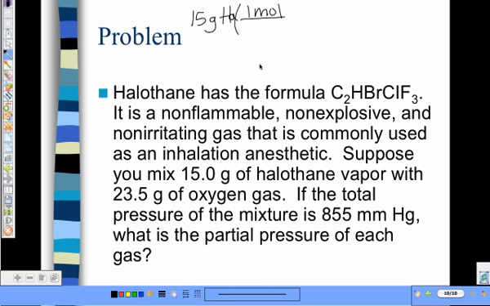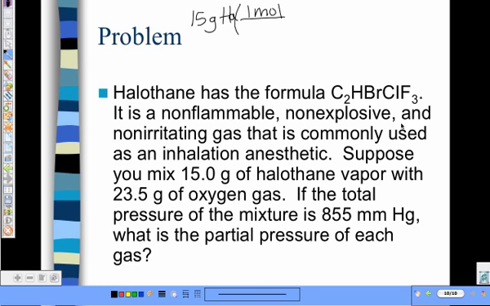How do we know what CF... It still has mass. Gas has mass.